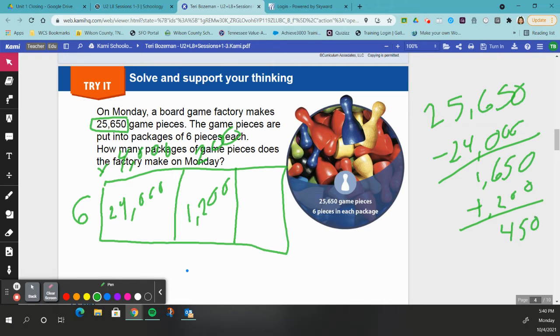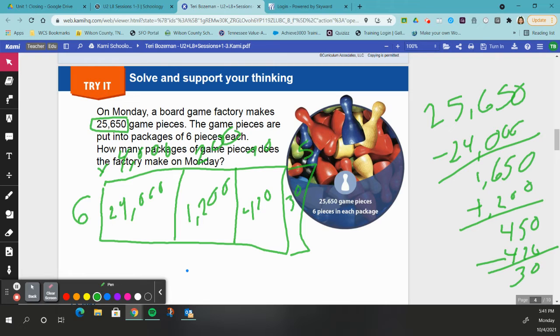So then I can break it apart even more, right? So I could go 6 times, what did we say, 70? 6 times 70 would be 420. I subtract that and I'm left with 30. So 420, right? And then 6 times 5 is going to give me the 30.